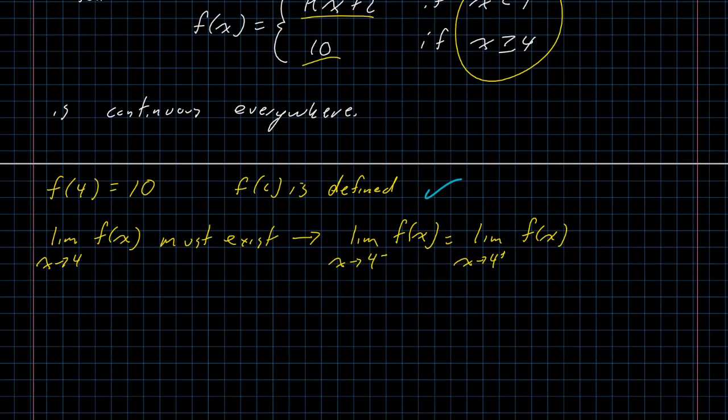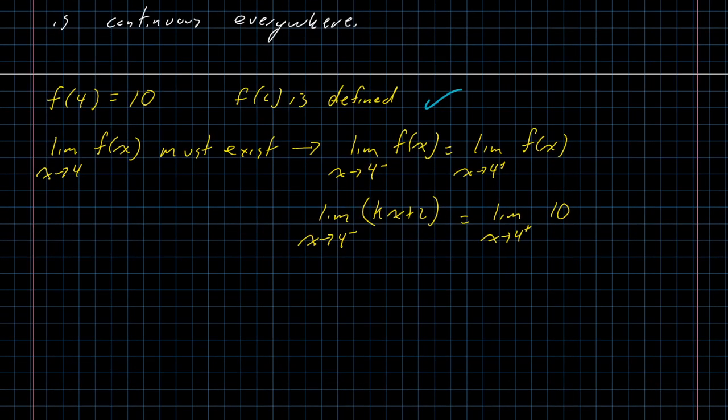From the left, f of x takes the form of kx plus 2, and from the right, f of x takes the form of 10. These are very simple limits to evaluate. We just plug in for x on the left side. The right side is constant. We don't have anything to do.